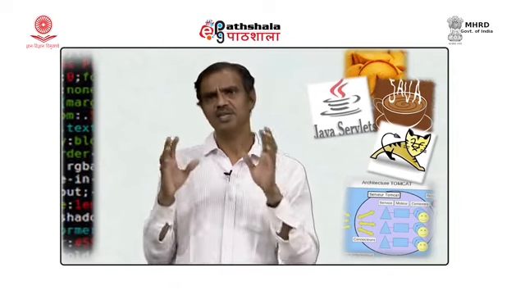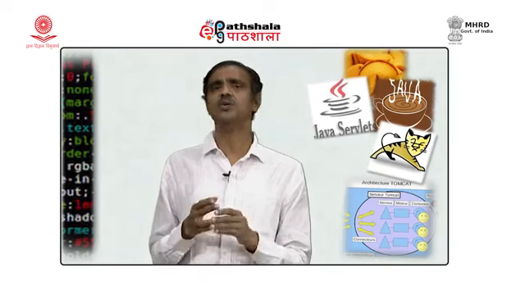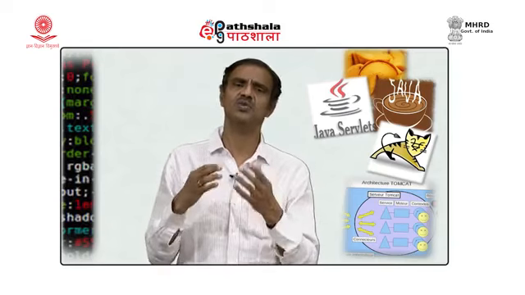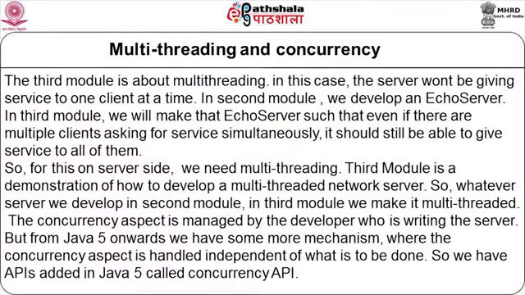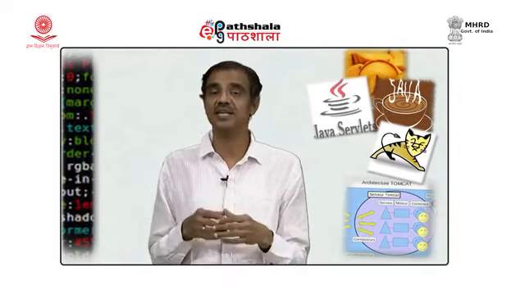Module 3 is about multi-threading. When a server is written, the server giving some kind of a service, it will not be giving service to one client at a time. So, if you have written some kind of a server process, in module 2 we develop something called an echo server. So, in module 3 what we do is we will make that echo server such that even if there are multiple clients asking for service simultaneously, it should still be able to give service to all of them.